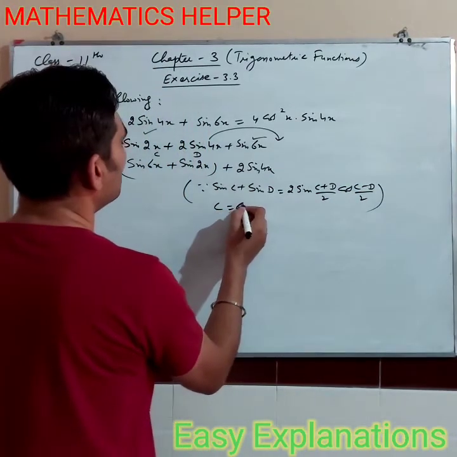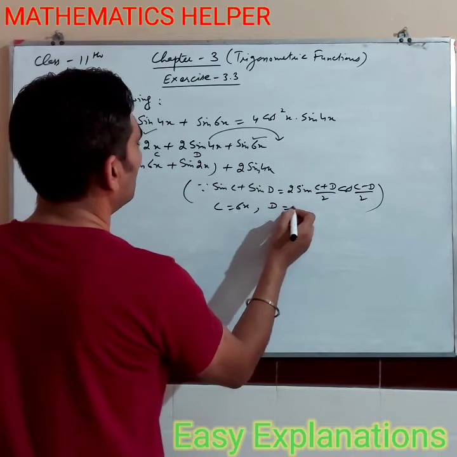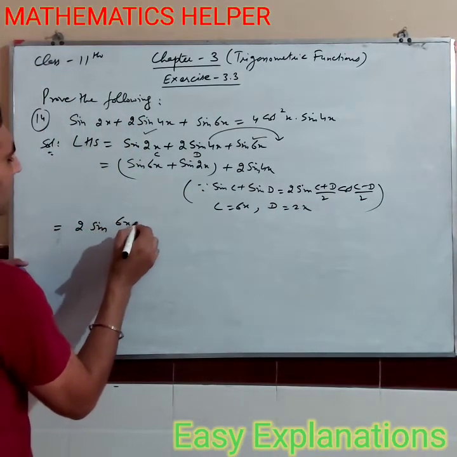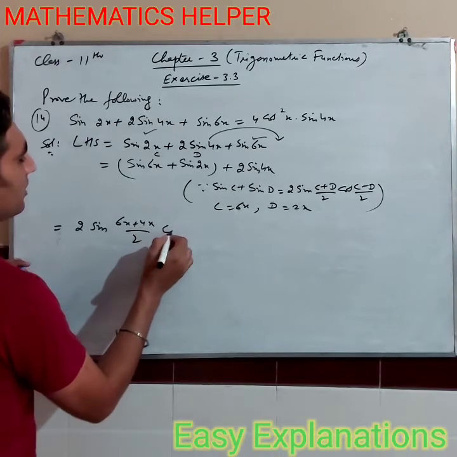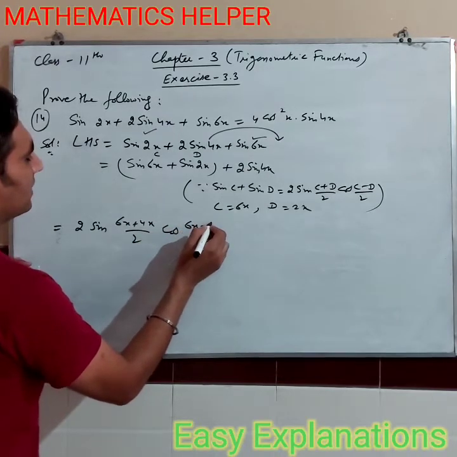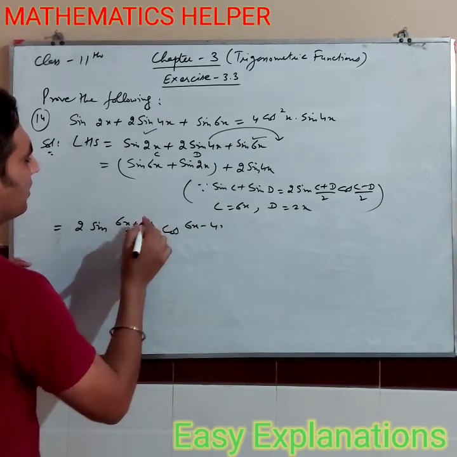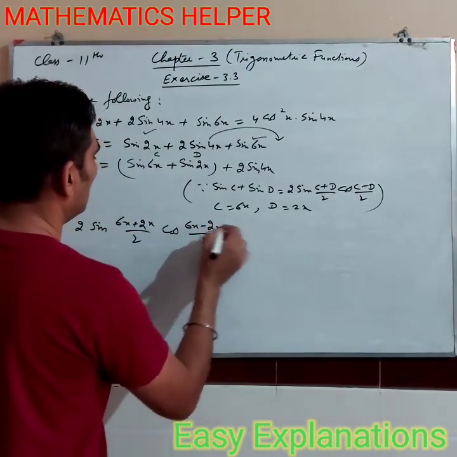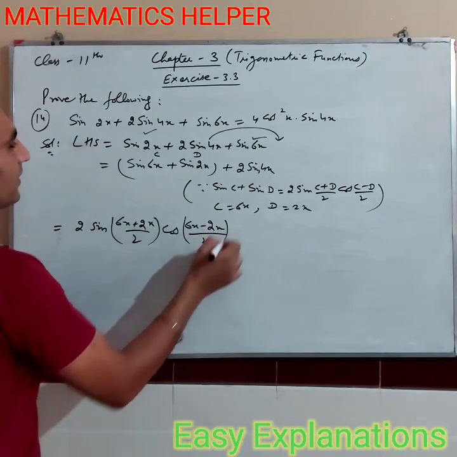What is C? 6x and D is 2x. Use the formula 2 sin, sum of angles over 2, and cos, difference of angles over 2. So this is the situation from the formula.